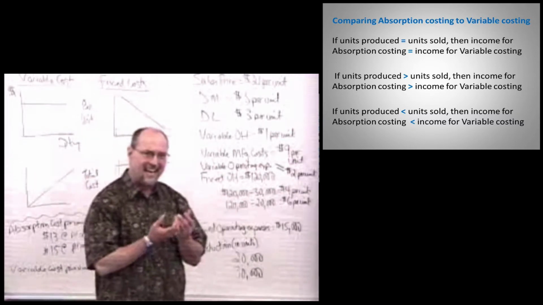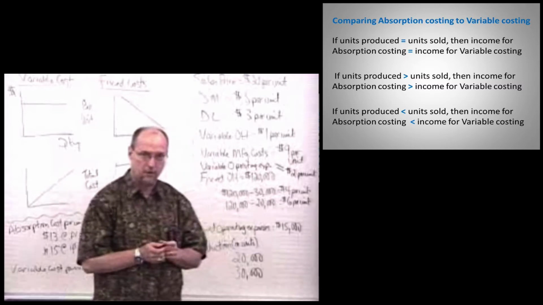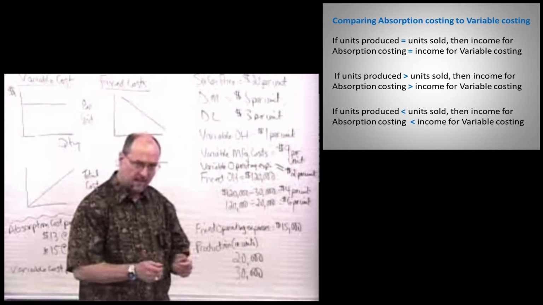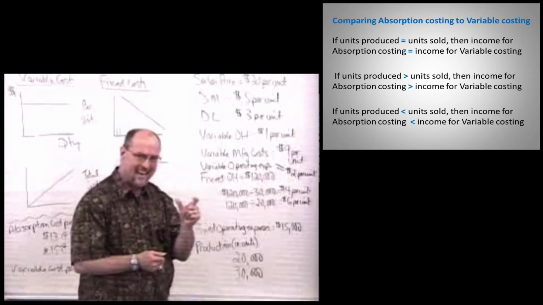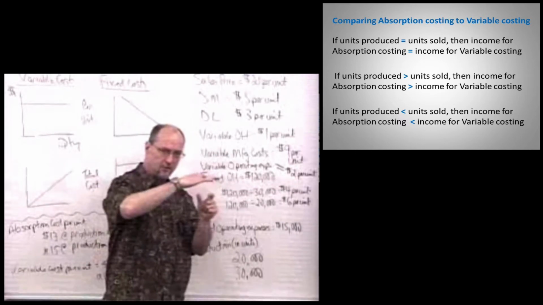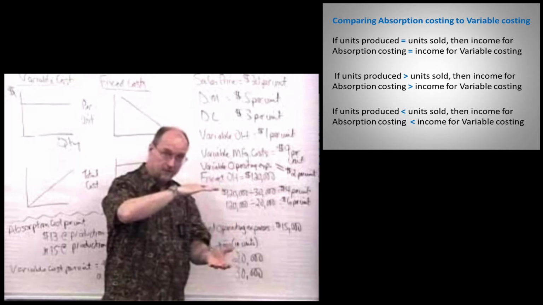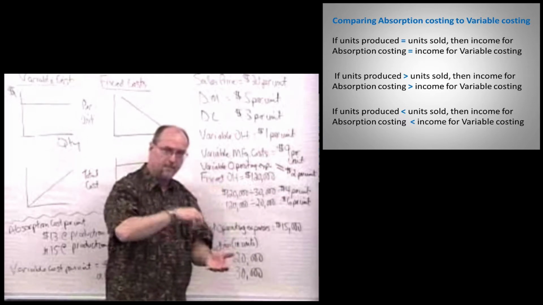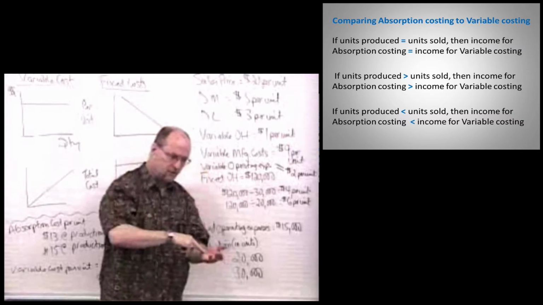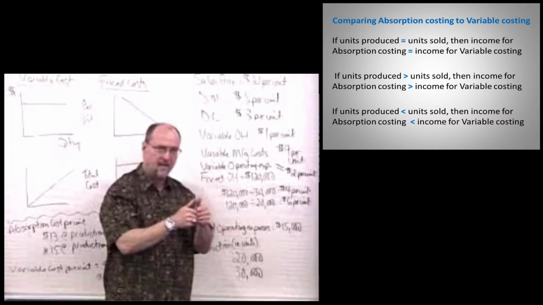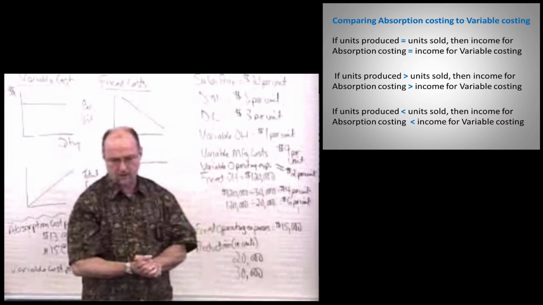Why? Because ending inventory under absorption costing includes fixed overhead, therefore it has a higher value. When we subtract ending inventory from cost of goods available to get cost of goods sold, it ends up being lower under absorption costing. Sales minus cost of goods sold, profit ends up being higher under absorption costing.